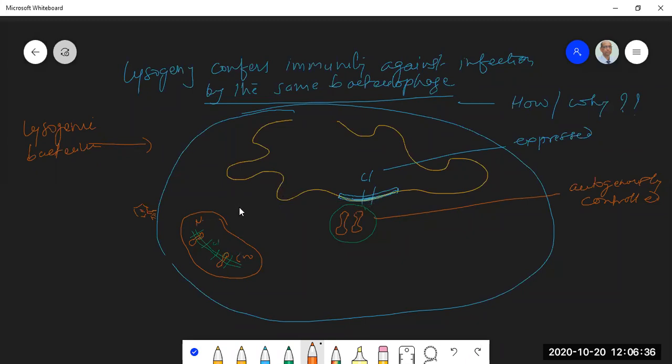So this is how immunity is conferred to a lysogenic bacterium, because it maintains the level of repressor protein, and as soon as the new bacteriophage DNA comes, these repressor proteins go and occupy those operator sites, preventing RNA polymerase from binding to the promoters, and thereby further transcription of genes is stopped. So this is an elegant mechanism of how that immunity is conferred.